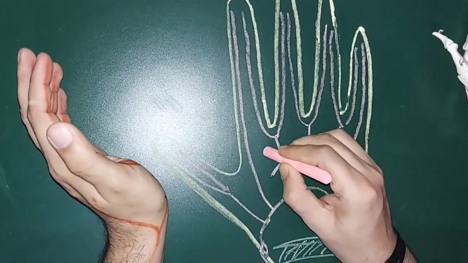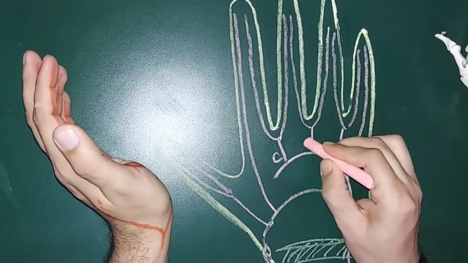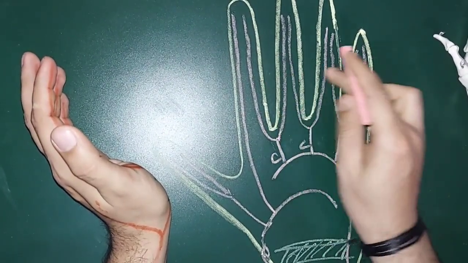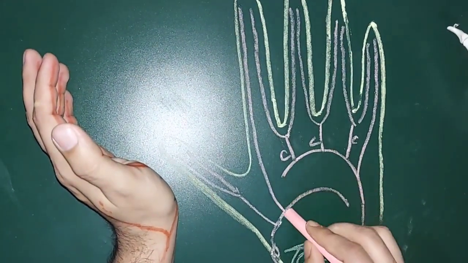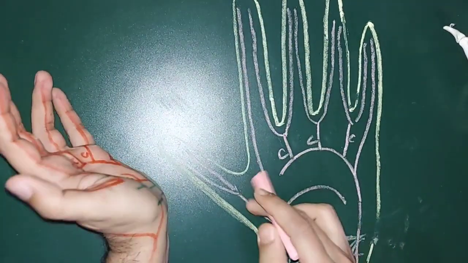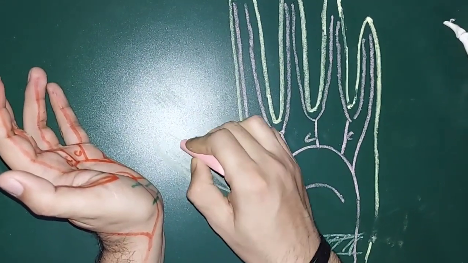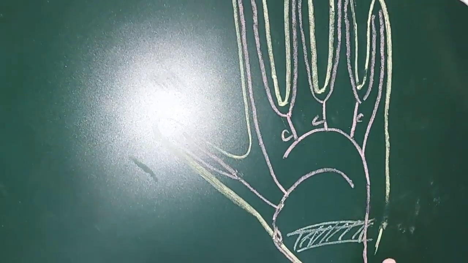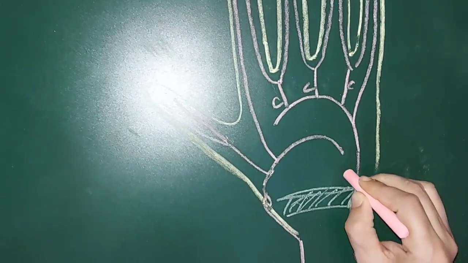Okay, sorry, these are the common digital arteries, and these all are proper digital arteries. This is also a proper digital artery. This was the radialis indicis artery formed by the deep palmar arch. This is the princeps pollicis artery, and this supplies both sides of the thumb. And for the completion of this palmar arch, this is the deep branch of the ulnar artery.